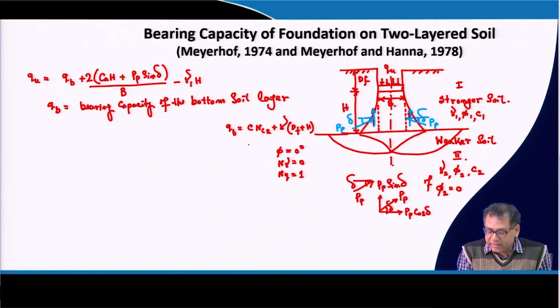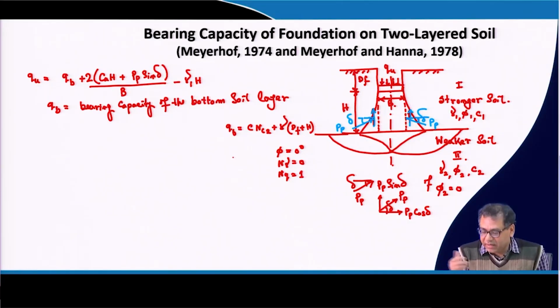Now, this way I can calculate the QB, but if you see gamma D F plus H, this H part we are basically taking twice. How am I saying that? When I calculate the bearing capacity, I am taking gamma D F plus H, so that gamma into H surcharge contribution I am taking.